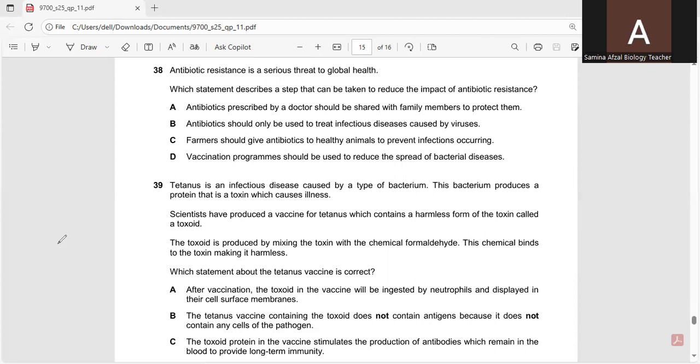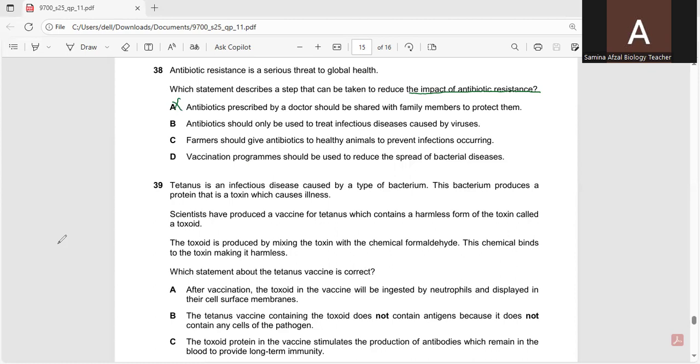The first statement: antibiotics prescribed by a doctor should be shared with family members to protect them. Sharing the prescription does not play a key role in reducing antibiotic resistance. So this is not the correct statement.